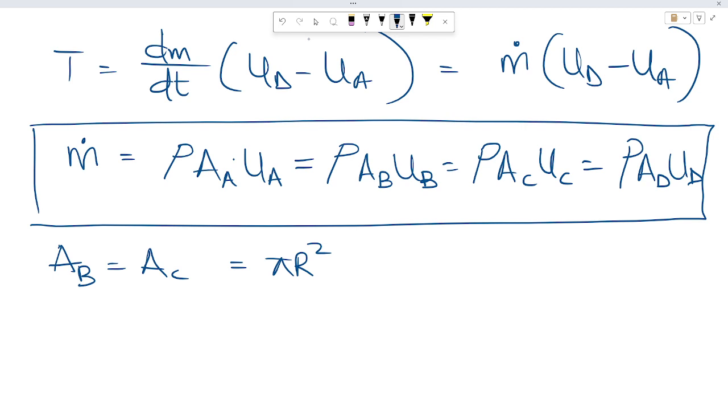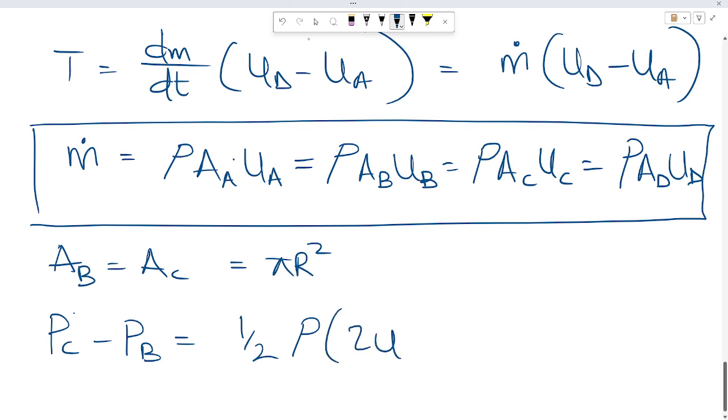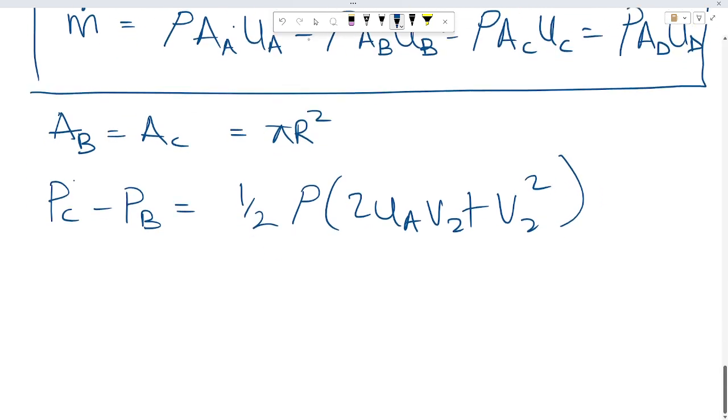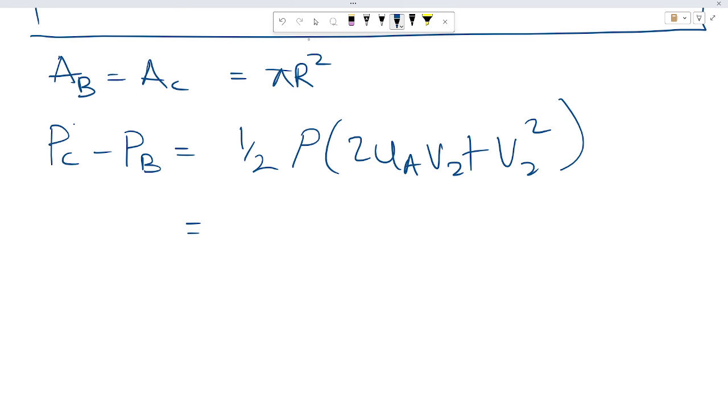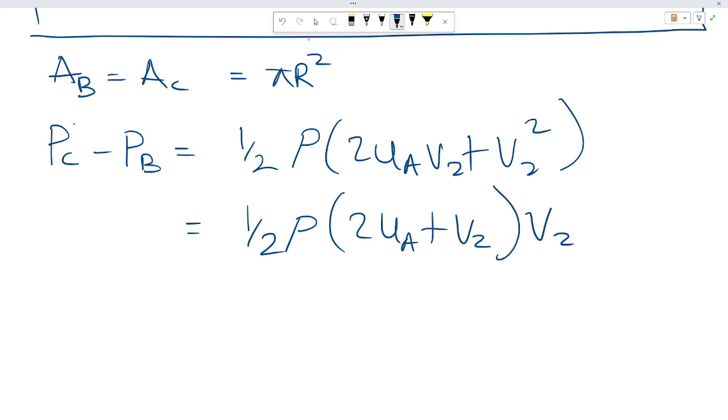So now our momentum theory becomes the PC minus PB from the previous equation, which equals half rho, 2 UA V2 plus V2 squared. It now becomes half rho, 2 UA plus V2, V2.